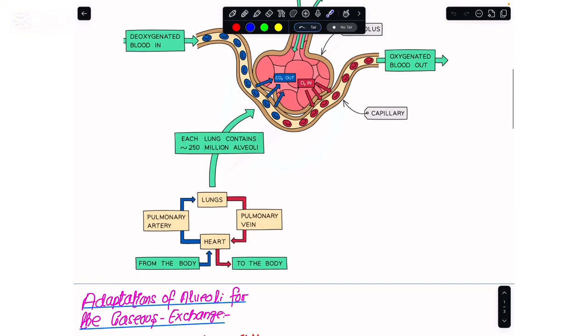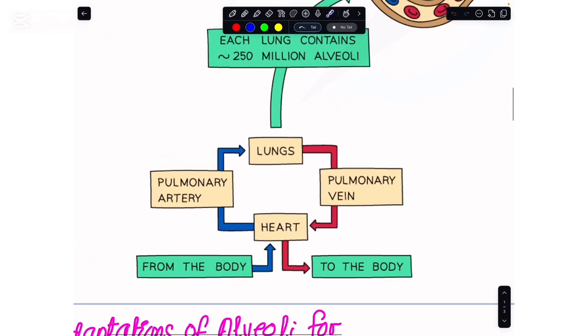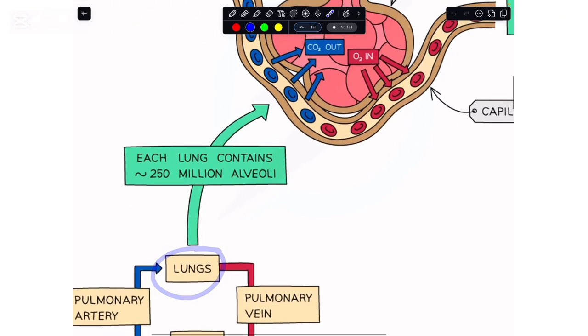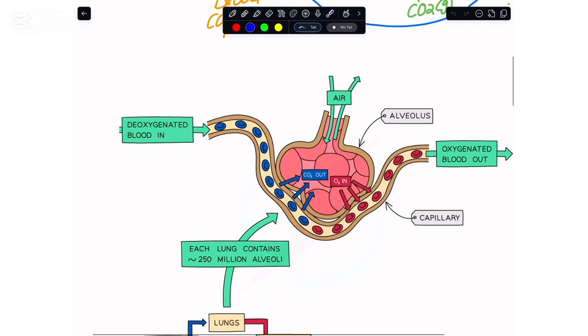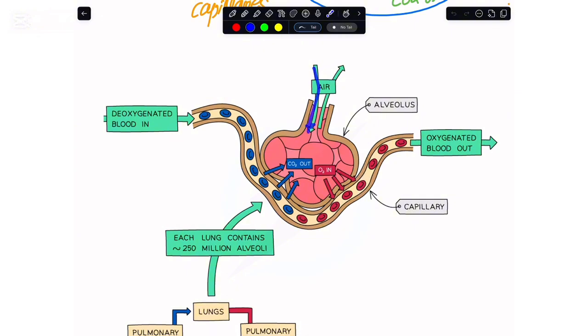Now, if I were to show you another diagram, from all body parts, upper and lower, the deoxygenated blood is brought to the heart. From the heart, the blood is carried to the lungs with the help of the pulmonary arteries, and in the lungs we have these alveoli, where we are constantly bringing air in and removing air out.